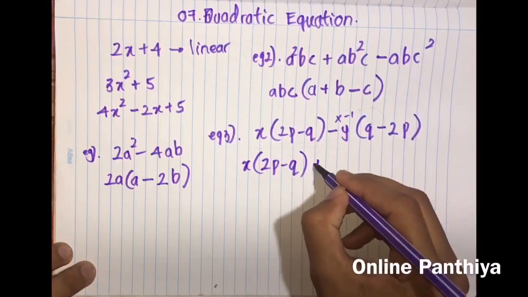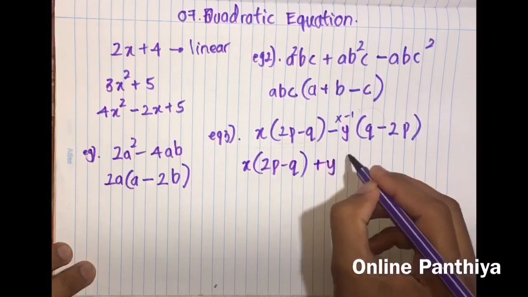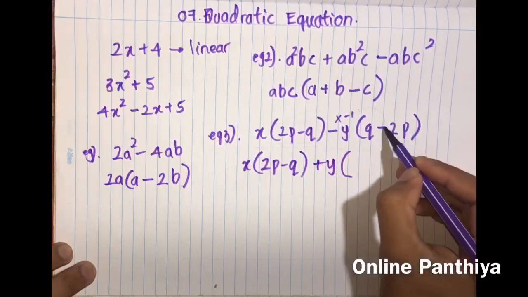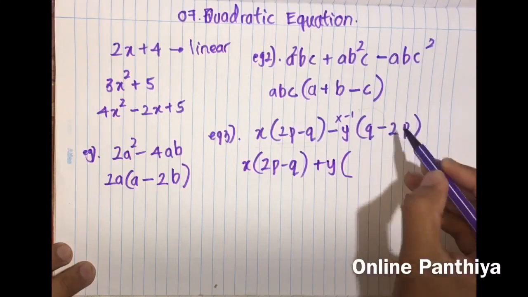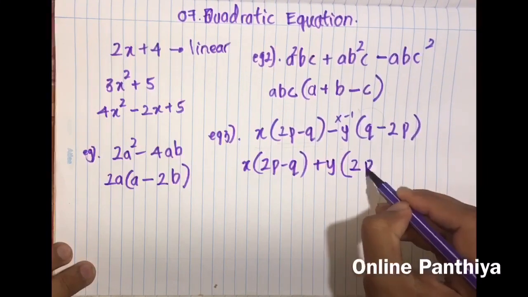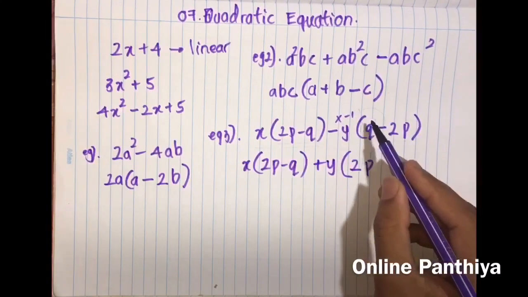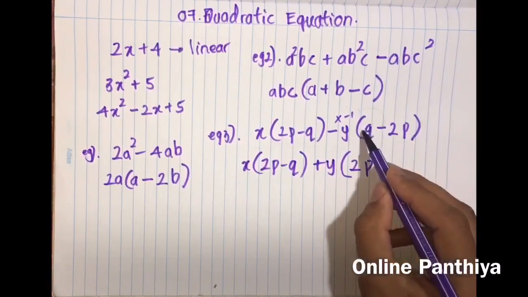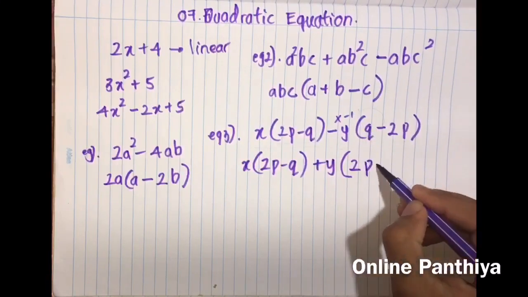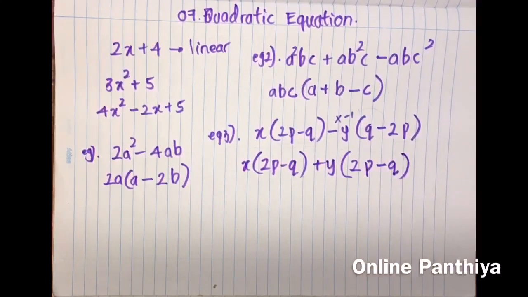So what is the answer? Minus into minus will give you plus. Now since I have taken minus out, what is left here? It is plus 2p. And also if I take minus 1, since you have plus here, in order to get plus, it should be minus q. Is that clear? It is just factorizing by minus 1.